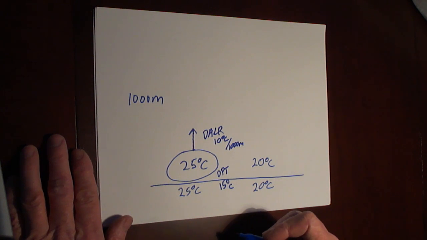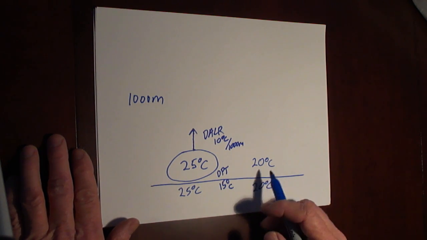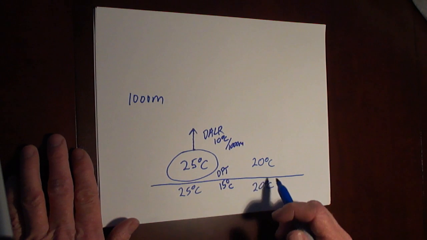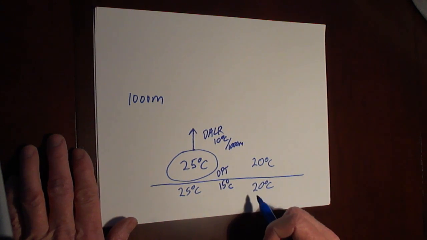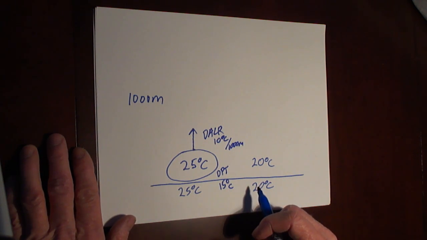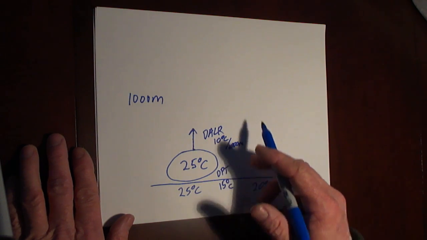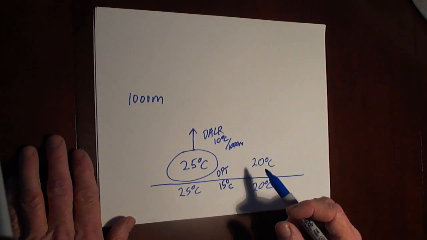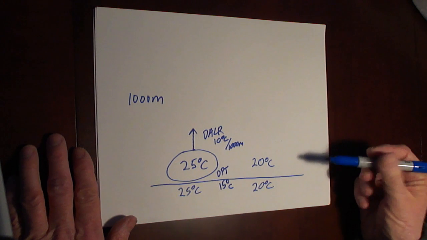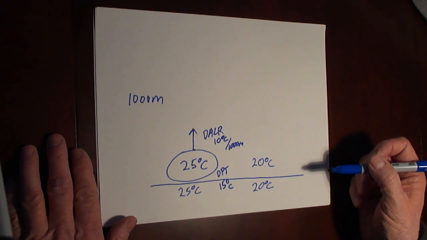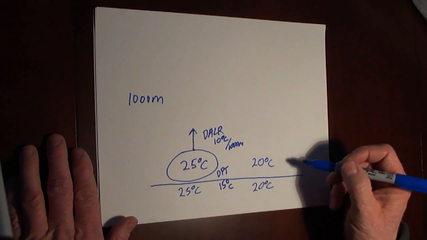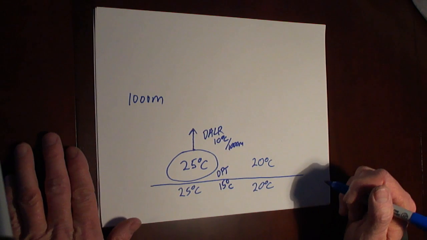All right? Now, I haven't talked about the surroundings yet. Let's talk about the surroundings. The surroundings are starting out at 20 degrees Celsius. Okay? And as the bubble rises, it's going to be rising through air that's changing in temperature as well as you head from the surface toward 1,000 meters. I'm going to say that it has about an average lapse rate.